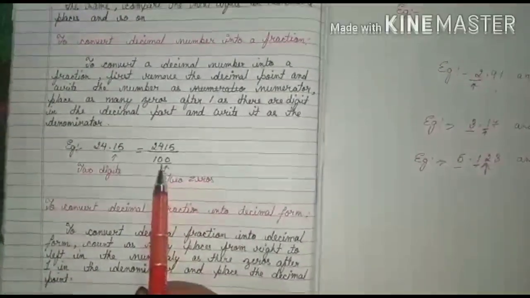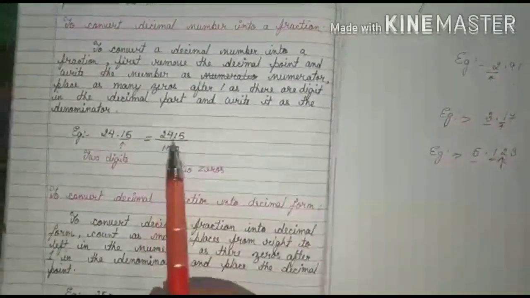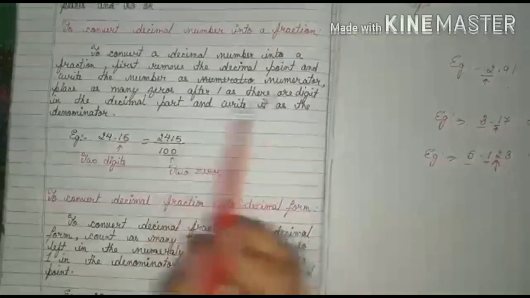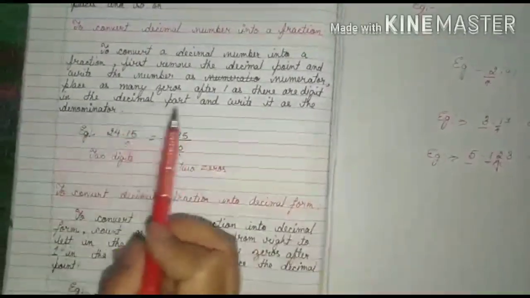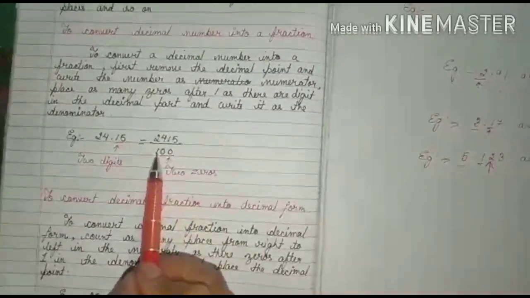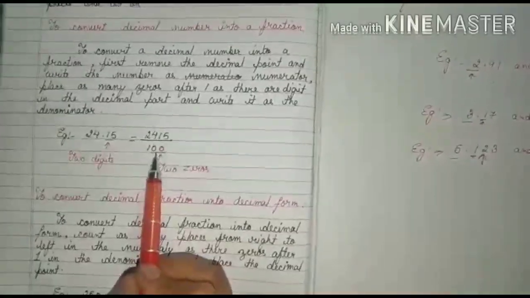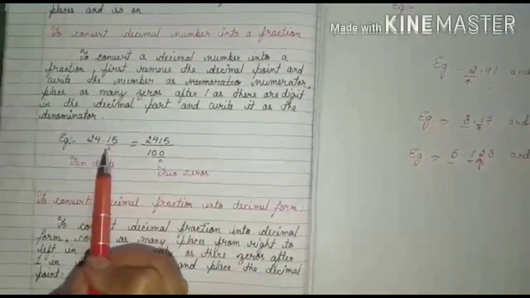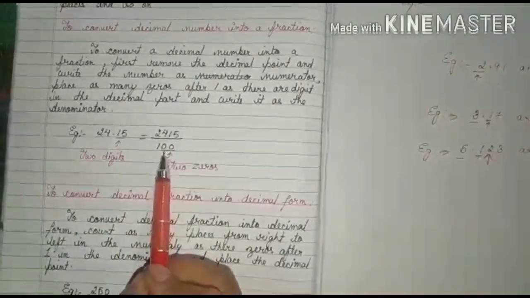And in the denominator we have to write 1 and then place as many zeros after 1 as there are digits in the decimal part and write it as the denominator.